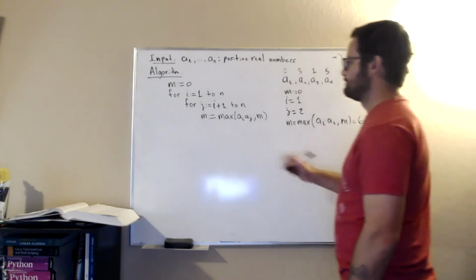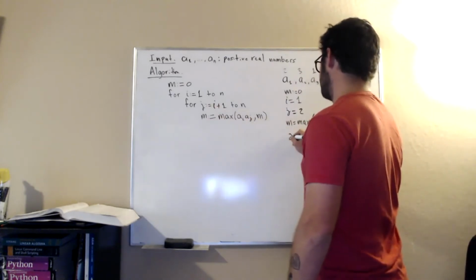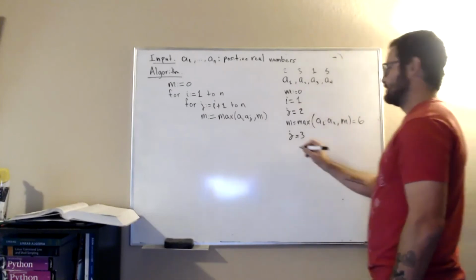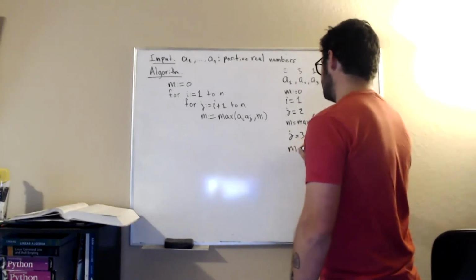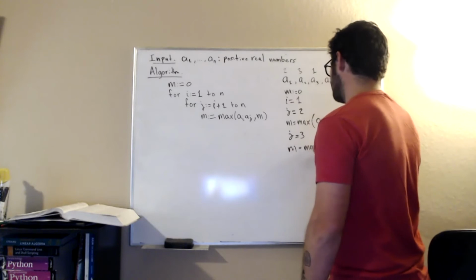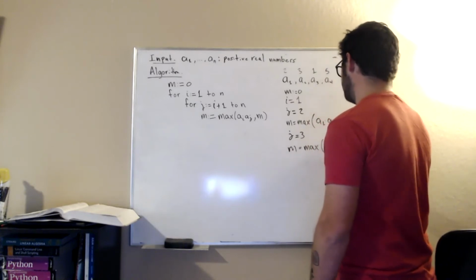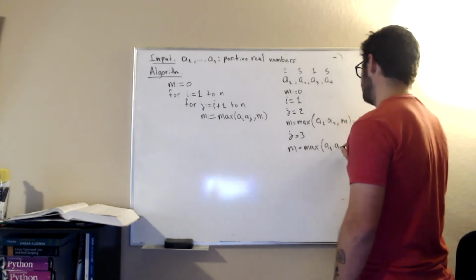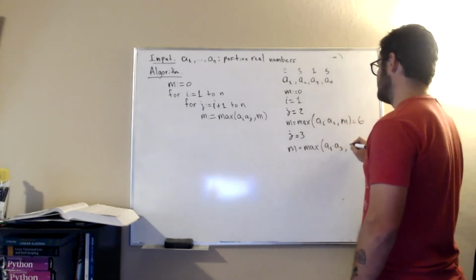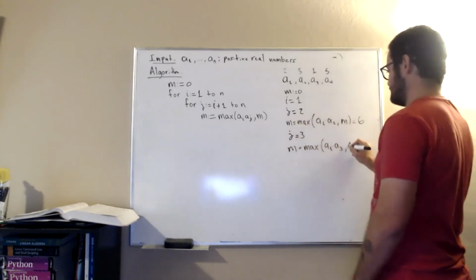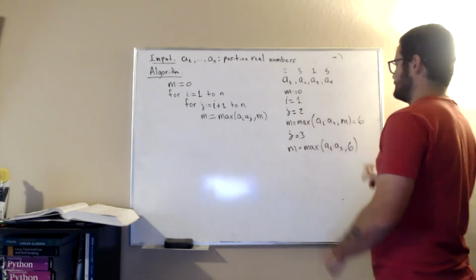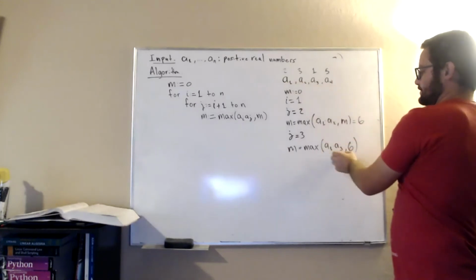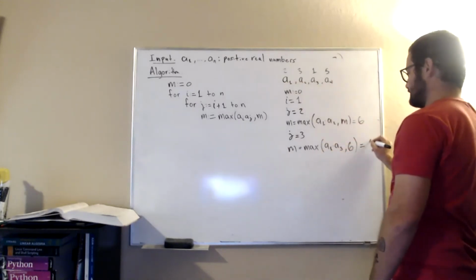But then J increments to 3, and M is equal to the max of A1 times A3, comma M. M is now 6. A1 times A3 is 2, so this will still be 6.